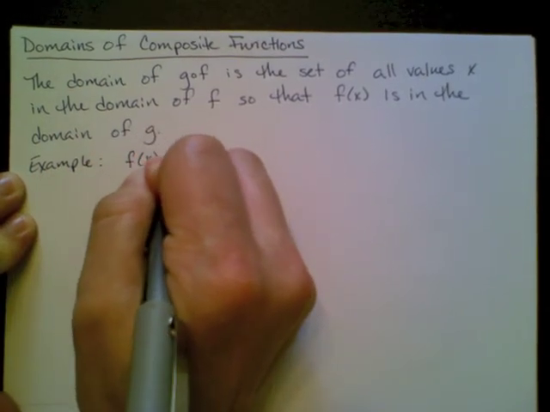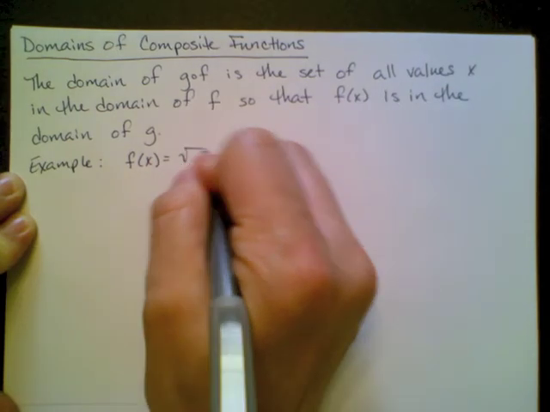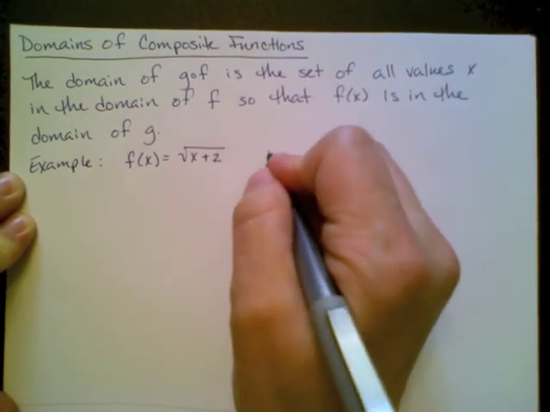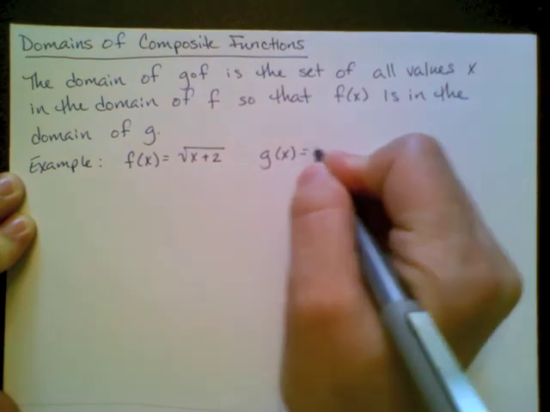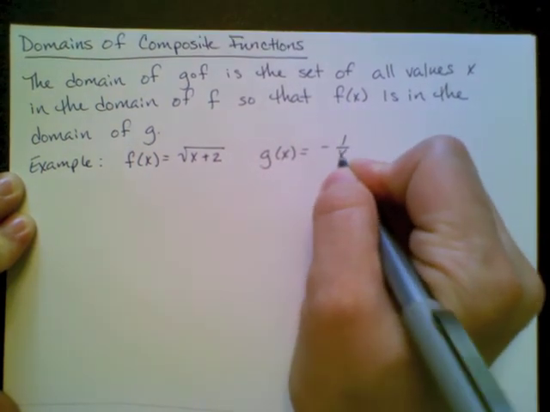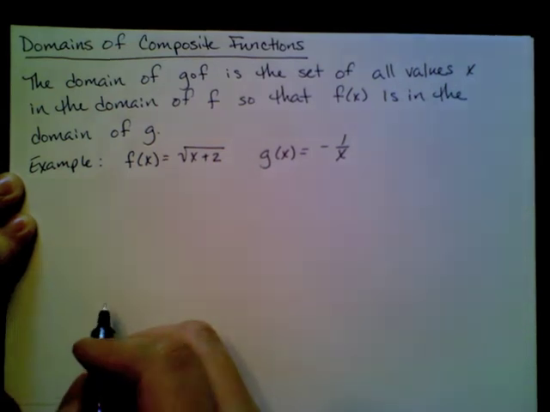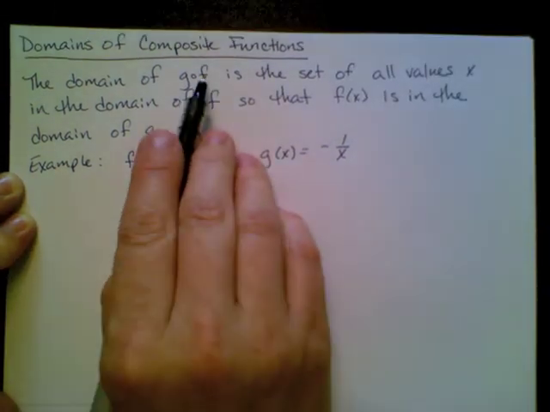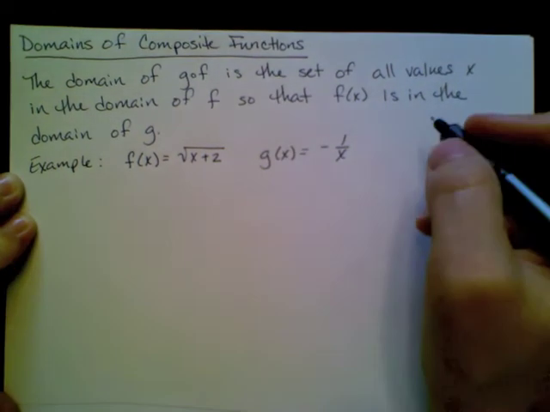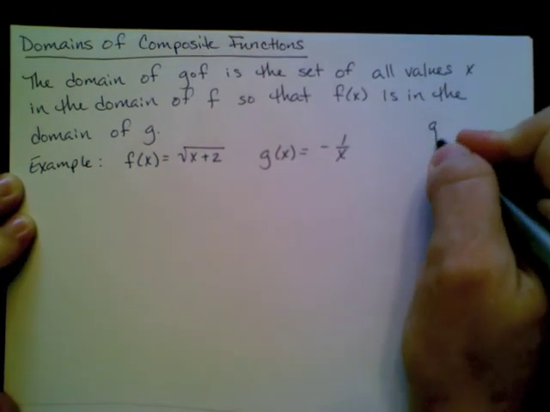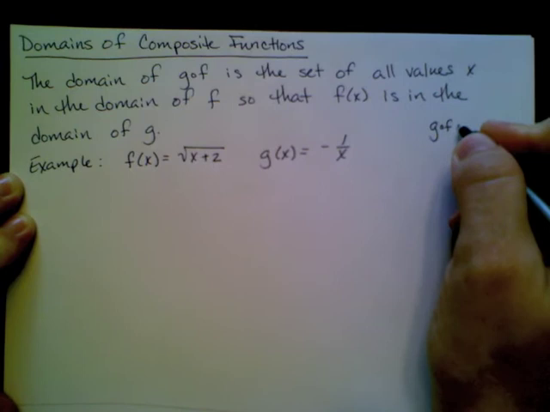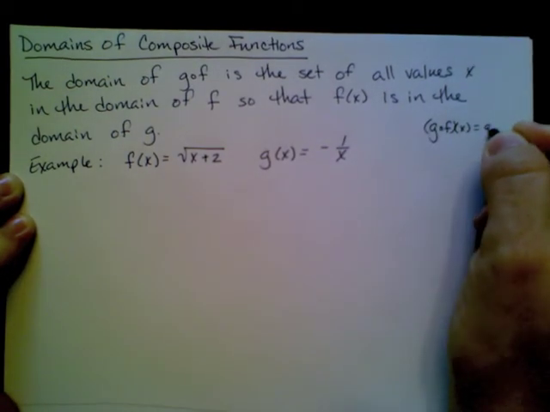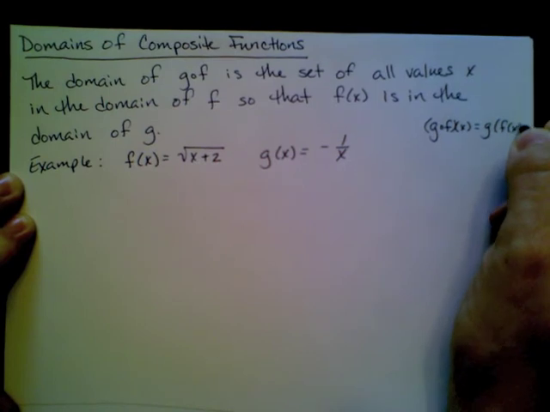Suppose I've got f of x equals the square root of x plus 2, and g of x equals negative 1 over x. The first thing that I need to consider is the domain of the innermost function. So remember, g composed with f of x is equal to g of f of x.